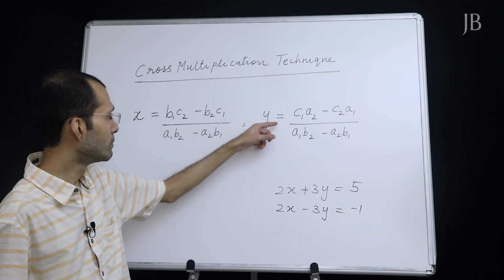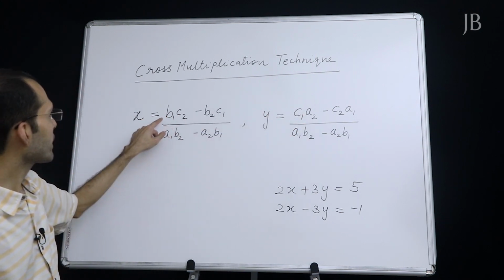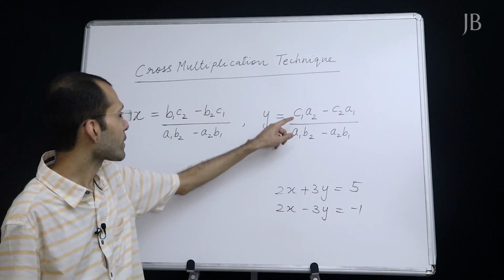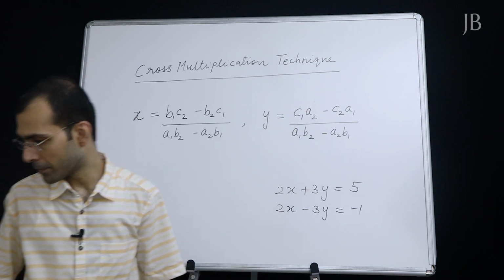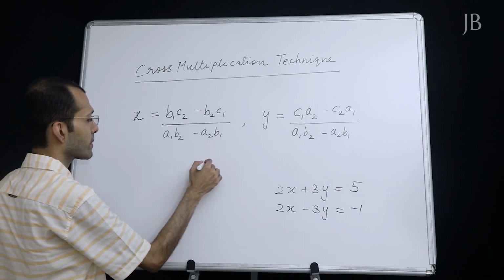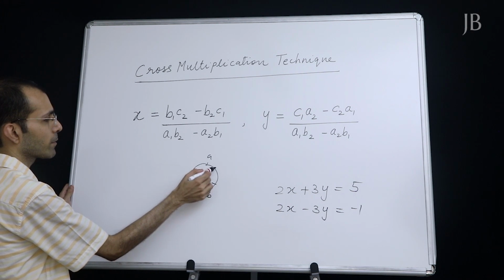Now Y. For Y you start the second root, you start with C. Here we started with B, here you start with C. So C1, A2. So how do you remember this? After C comes A, see like this. This is A, B and C. Now we have already, it goes like this.